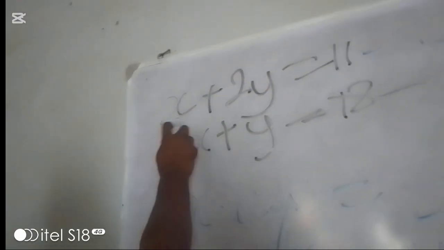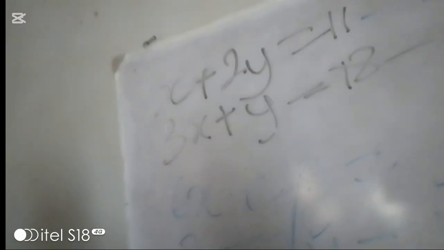So x now, 5x equal to 25. X now equal to 25 over 5. So x is 5. You can substitute x is 5 into equation 7 to get y. Are you following me?